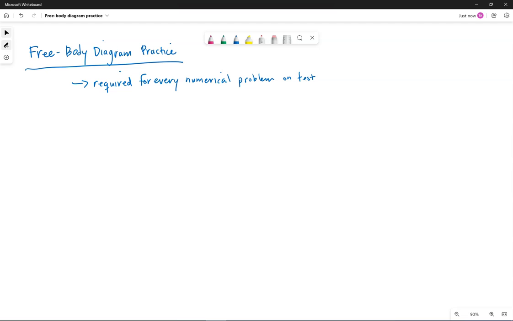So I want to take a few minutes to go through some examples of free body diagrams. These are labeled the quizzes that I share in class when I'm face to face with my students. So just as a reminder, free body diagram, FBD, is how we represent it.